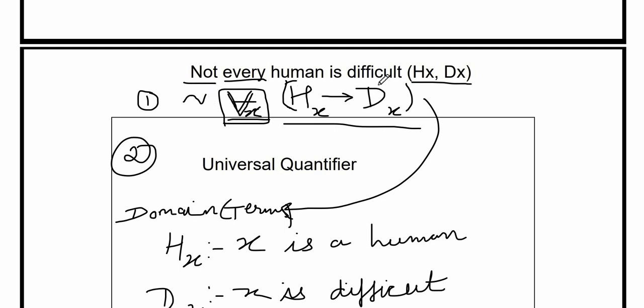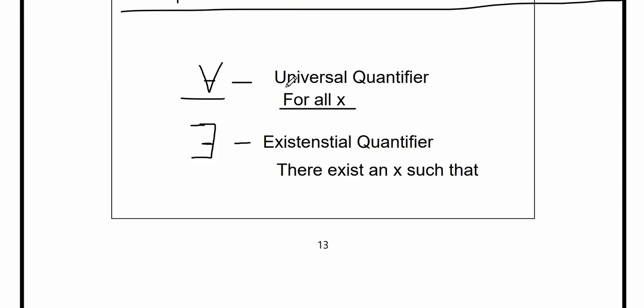Not every human being is difficult. So not every x, x is a human implies x is not difficult. So whenever we are using universal quantifier, we have to use the implication symbol, and whenever we are using existential quantifier, we have to use the conjunction symbol.